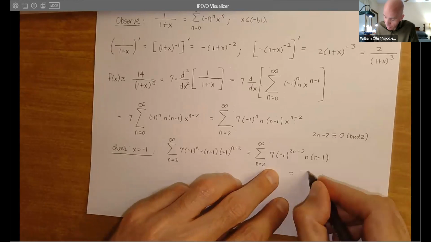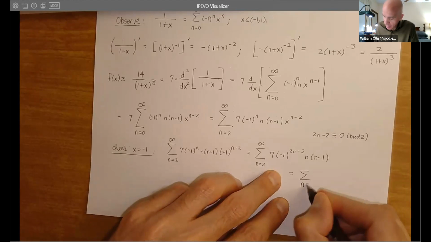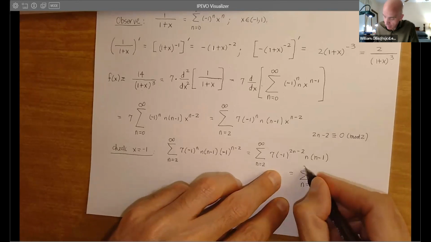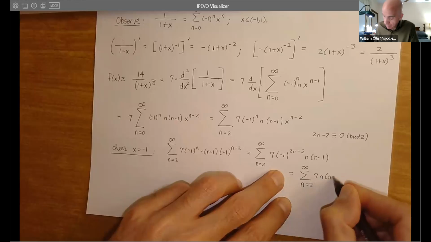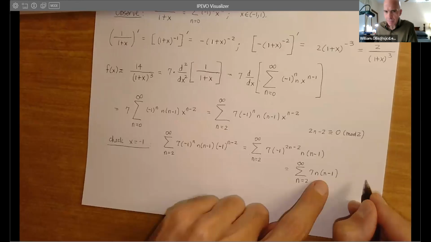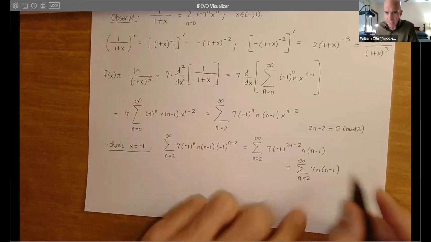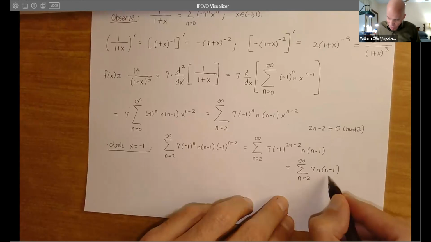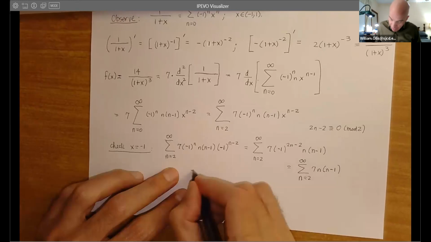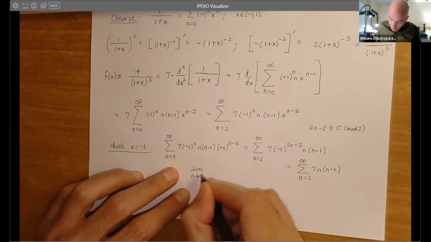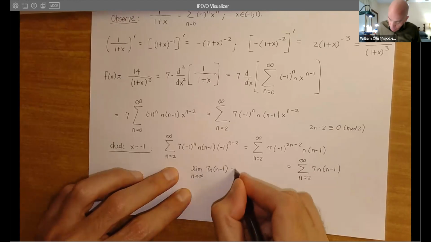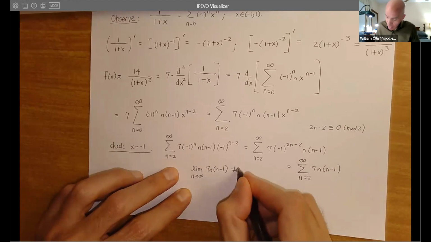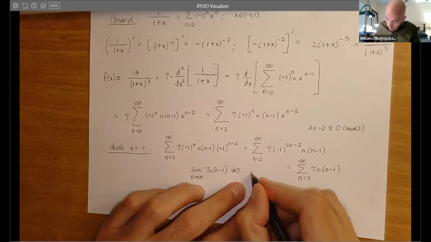The series n equal 2 to infinity of 7 times n times n minus 1. Well, that's going to be a really bad issue because we see this does not have limit 0. So now we see limit as n approaches infinity of 7n times n minus 1 does not equal 0. So in this case, series diverges.